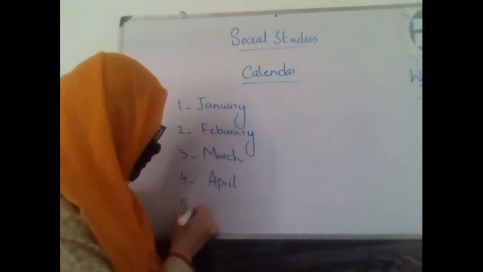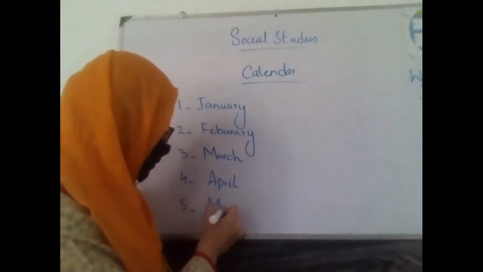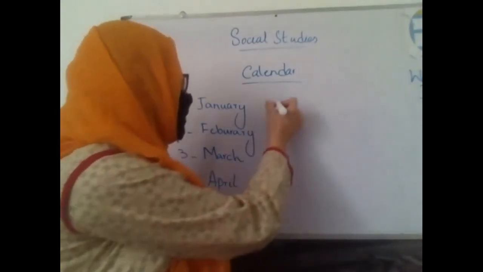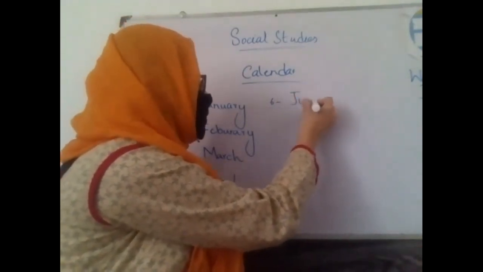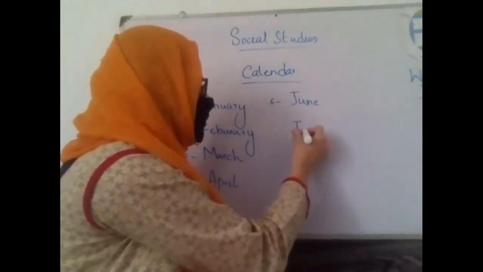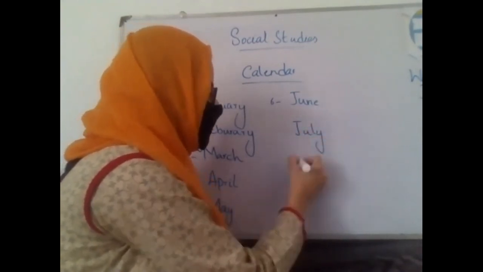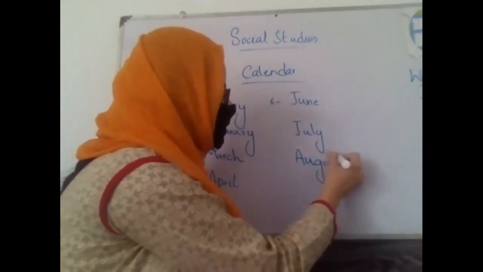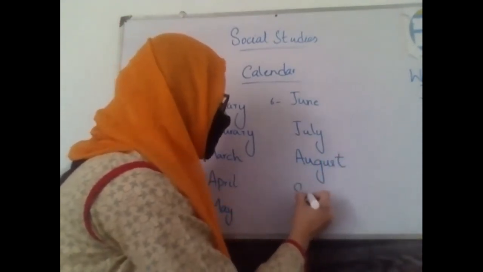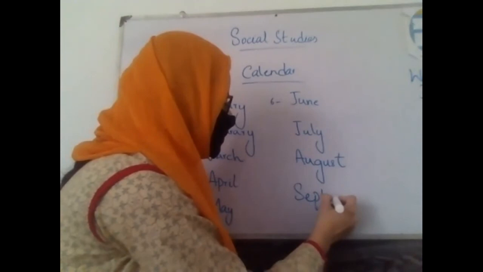Then we have May. Then what comes next? June, July. Then we have August. Then we have September.